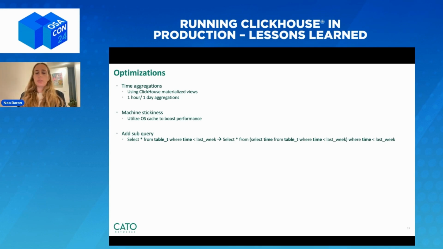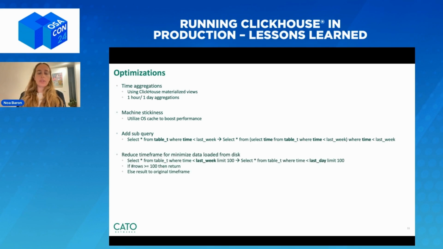We will first query for only the time field, then filter by that field, and then using the results from the first query, we will query the rest of the fields. That helps ClickHouse know which blocks it needs to load. The idea is to reduce the amount of data loaded from the disk, so this helps ClickHouse save a lot of data loading.